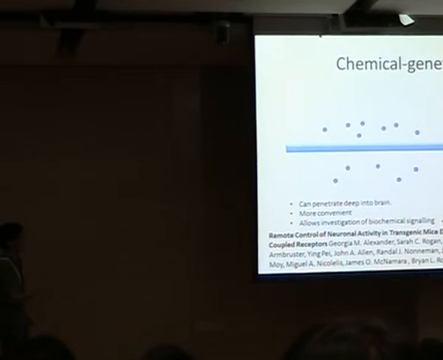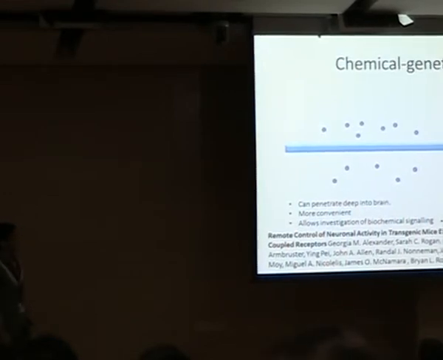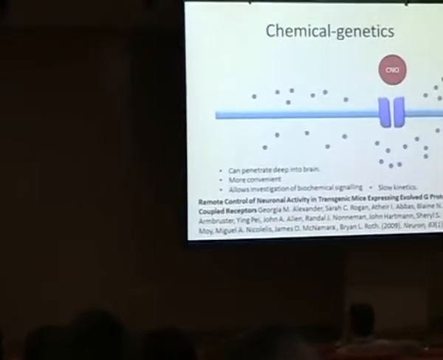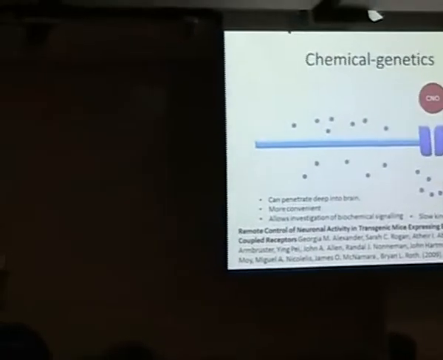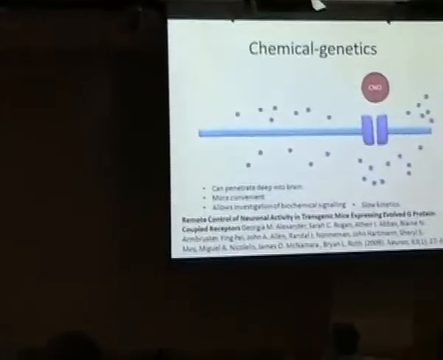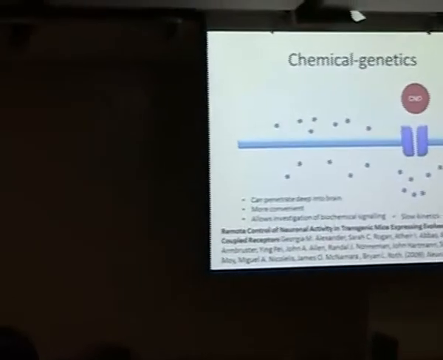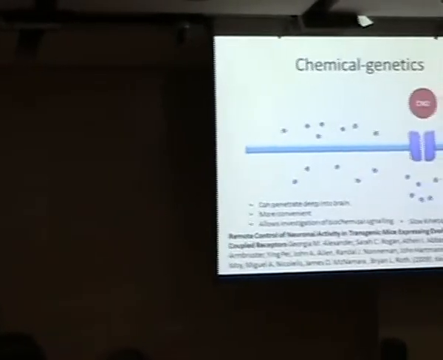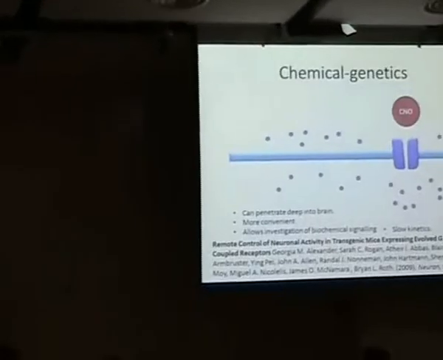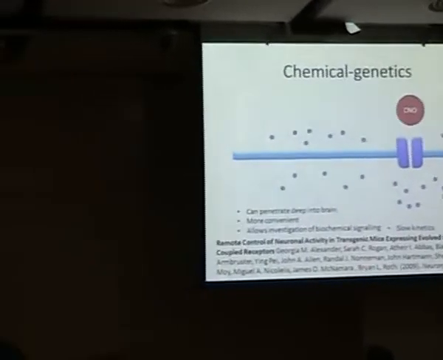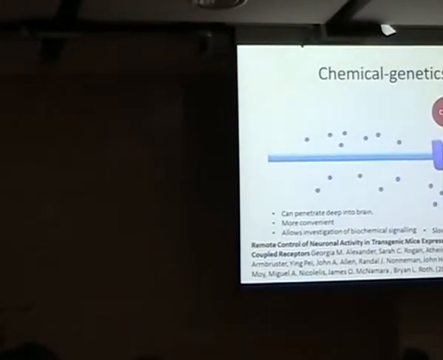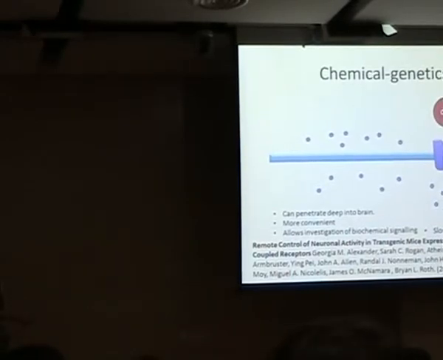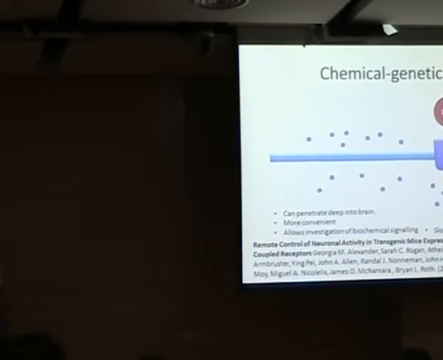This is slightly better in that you can penetrate deep brain areas, and it's also more convenient in that in order to control the animals, you don't need any complicated fiber optic signaling; all you need to do is just give the animal a drug. And what is not shown here actually is that this method uses natural signaling pathways that are already present. So one could do various biochemical manipulations, and this will be very useful for the molecular people.